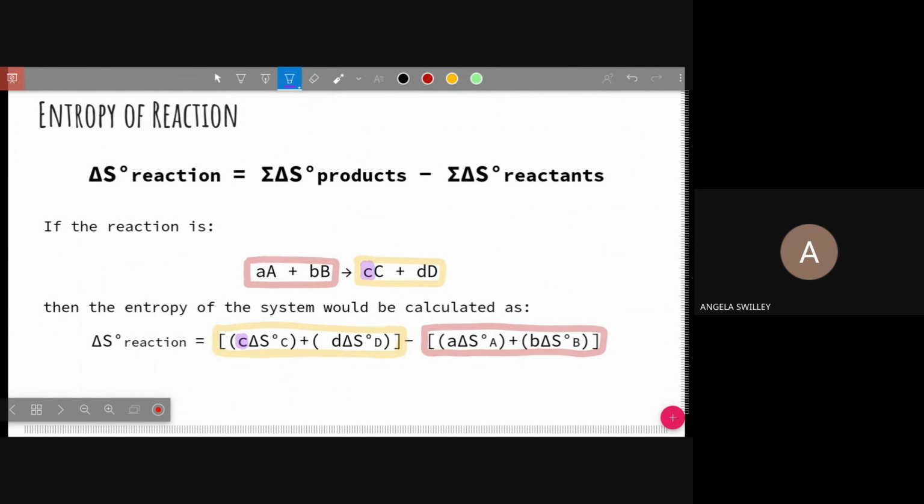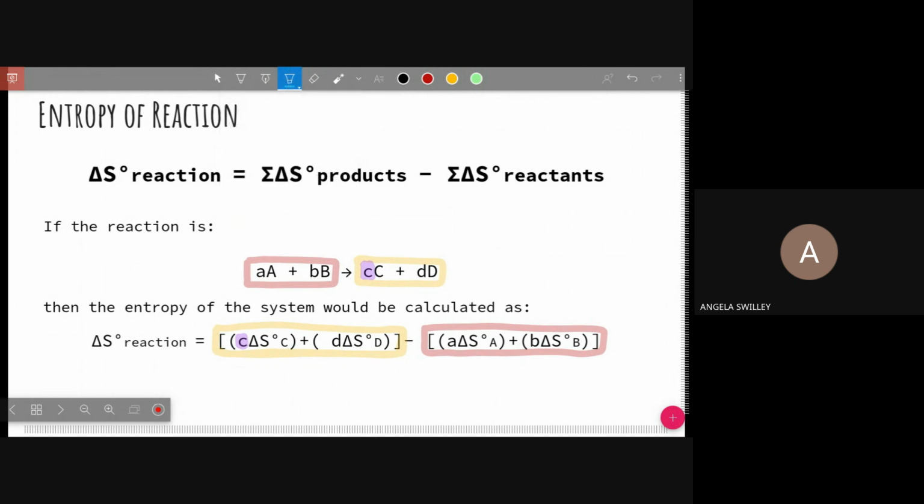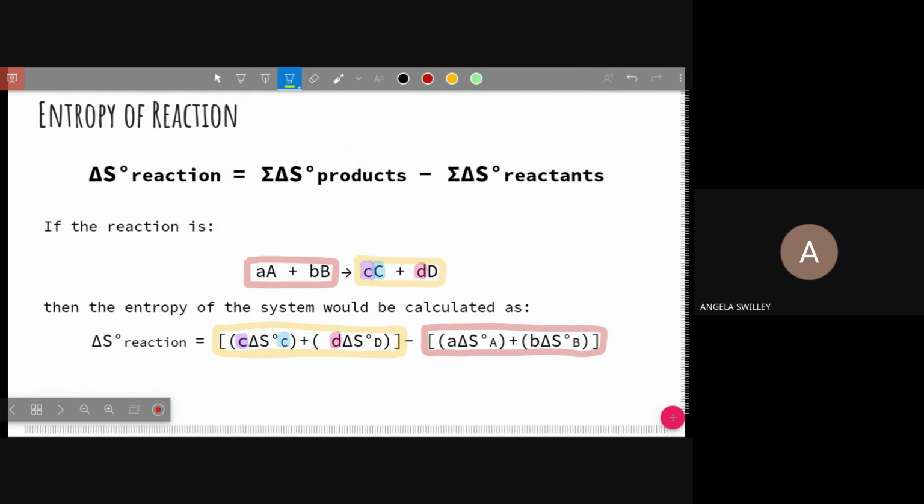Little c represents the coefficient in front of the element or the compound C, and you get the delta S of that C. Then the little d is the coefficient, and we're going to multiply that by the delta S of D, which is an element or a compound.